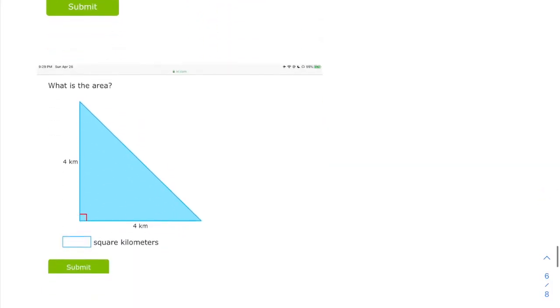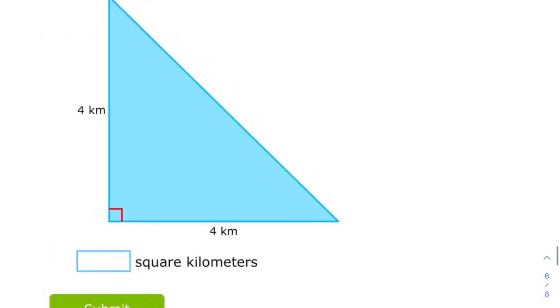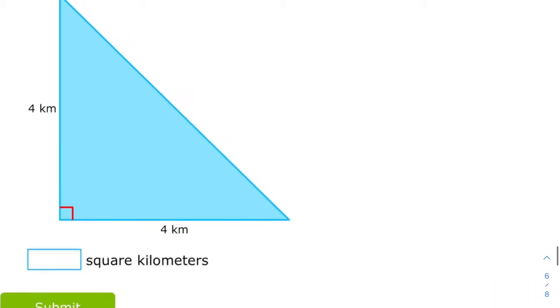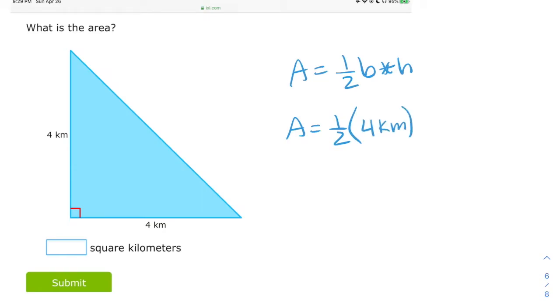All right, so next one, here we have a right triangle. So we have a height that is determined by this altitude. It's also a side. And then we also have a base, which is a side. So the area of a triangle is 1/2 base times height. So the area of this triangle is 1/2 4 kilometers times 4 kilometers.